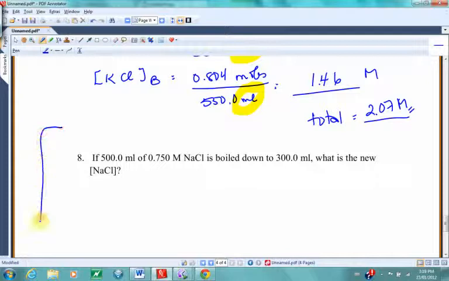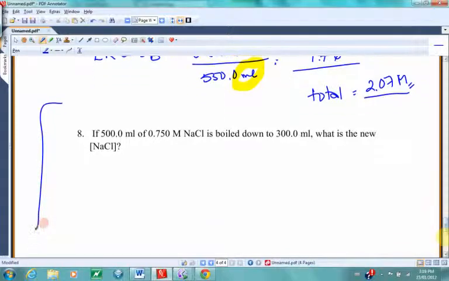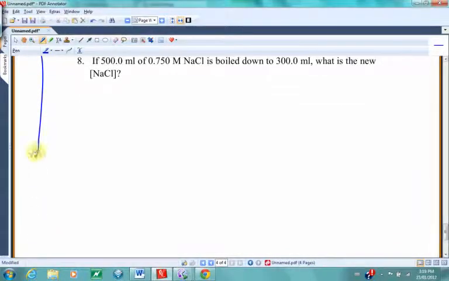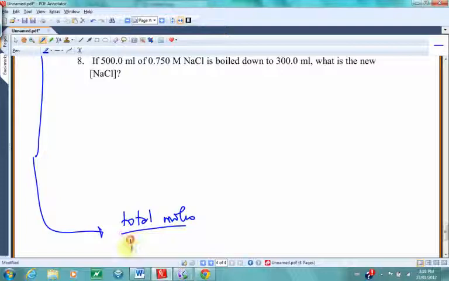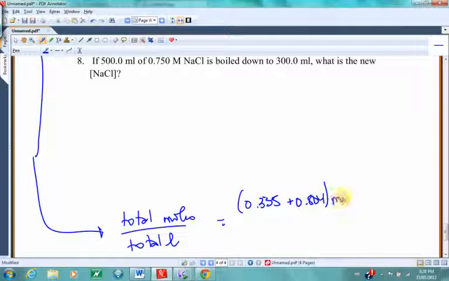We're going to put total moles over total liters equals 0.335 plus 0.804 moles over 550 milliliters, 0.5500 liters, which equals 2.07 molar. Okay, just another way of doing it, probably more straightforward.